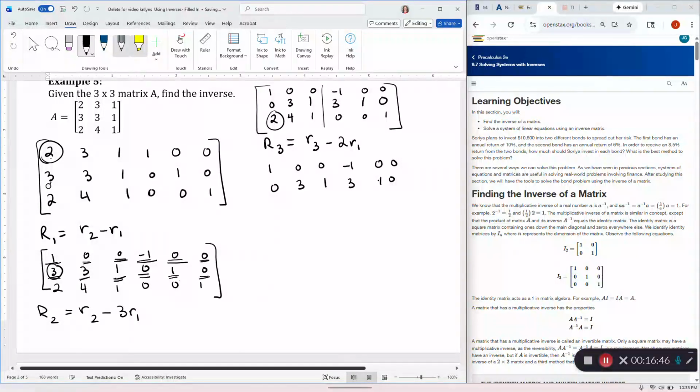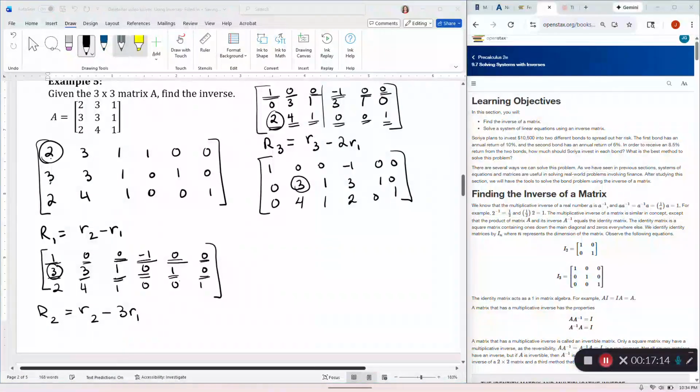So it's going to be 2 minus 2, 0 minus 0, 0 plus 0.